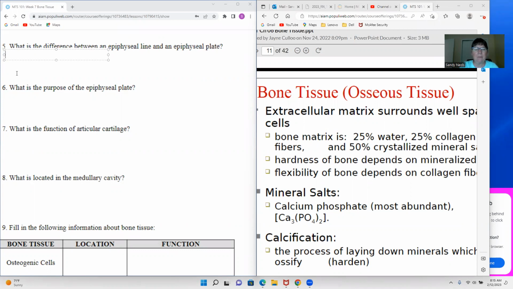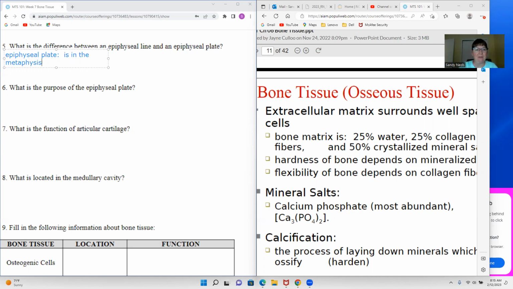So let's start with the epiphyseal plate. The epiphyseal plate is in the metaphysis, the neck of where the diaphysis, the shaft of the bone, goes into the epiphysis.